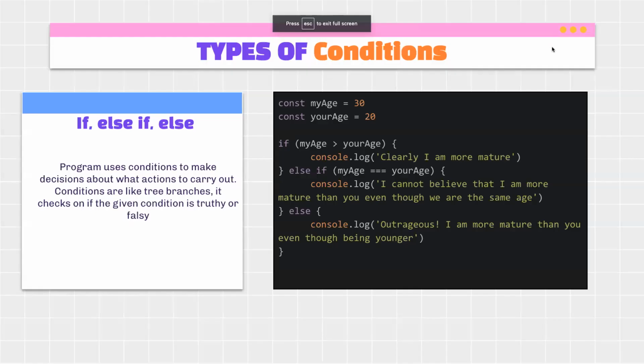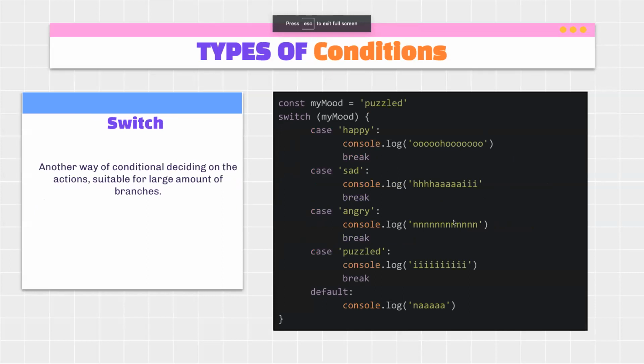So then moving on to the switch case. The switch case is quite similar, but you would use it if you have a lot of branches. Here, if my mood is something and you want to match multiple cases, you can also do it with if. You can use most things with an if statement, but a switch is more suited if you have multiple single cases that you want to match.